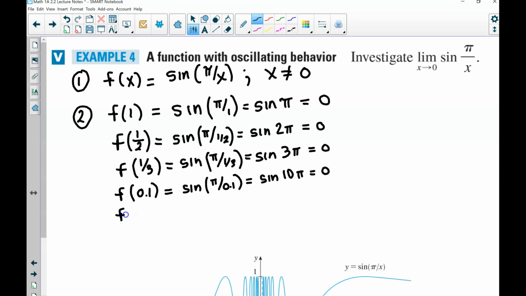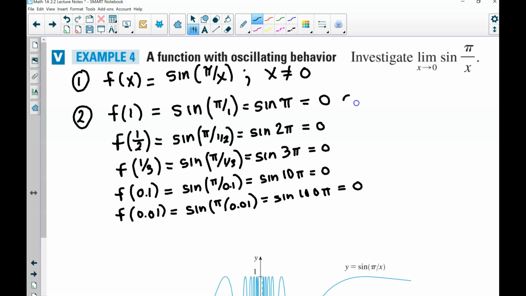And if we look at f of 0.01, that's also equal to the sine of pi over 0.01, which is equal to the sine of 100 pi. And again, that equals 0. Now, if we continued, we would see that regardless, you're still going to get 0.